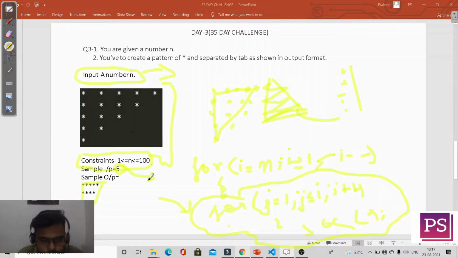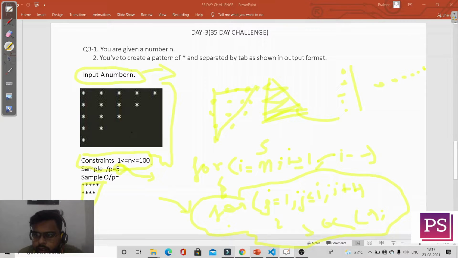If a person has inputted 5 as n, let's suppose the value of i is 5, then this loop will print 5 stars in a row.